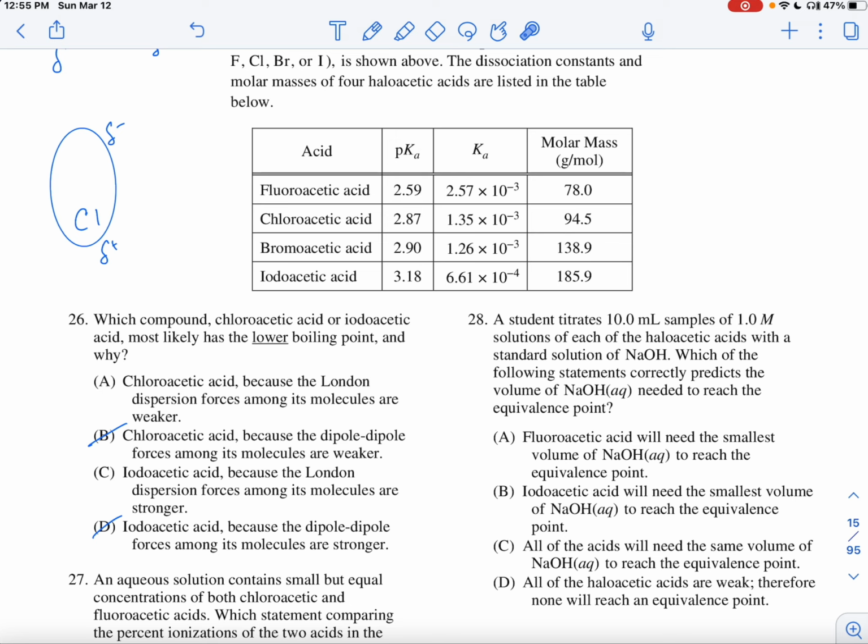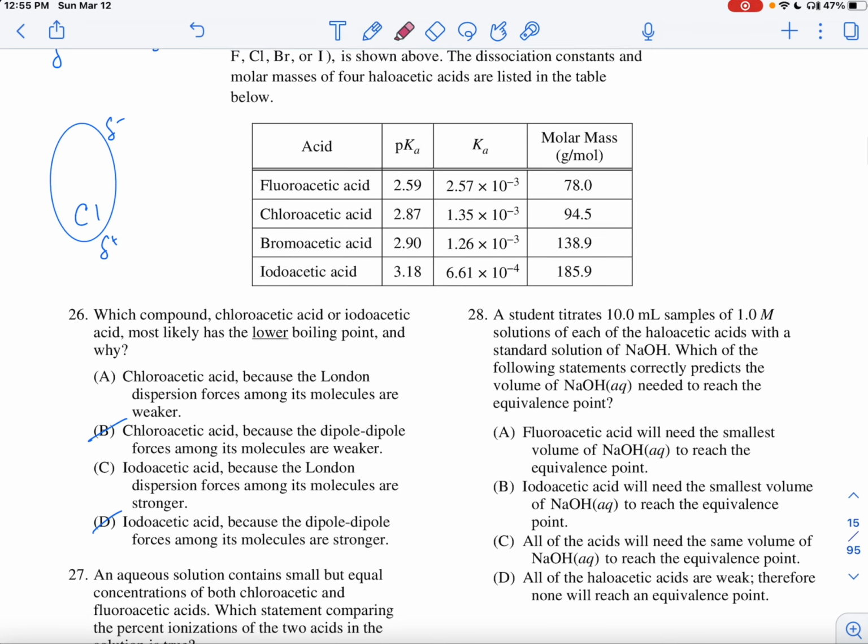So stronger attraction means higher boiling point. Because you're going to have to put in more energy to spread those molecules out. So if we're going from liquid to gas, that's exactly what we're doing. We're adding enough energy to spread the molecules apart. The stronger attraction, the more energy you need.